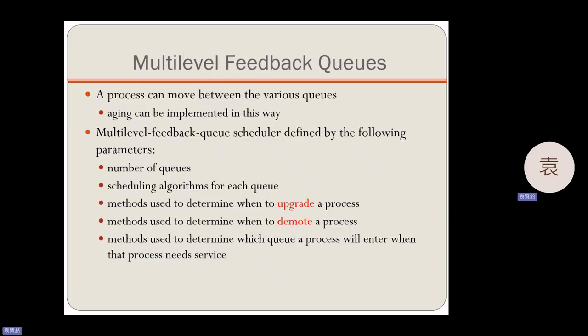So another scheduling mechanism, which we call the multi-level feedback queue, was introduced. It allows a process to move around these various queues. Initially we assign a process to a particular queue, and if we find the behavior of the process is not proper for that particular queue, then you can move the process to other queues. For example, aging can be implemented like this.